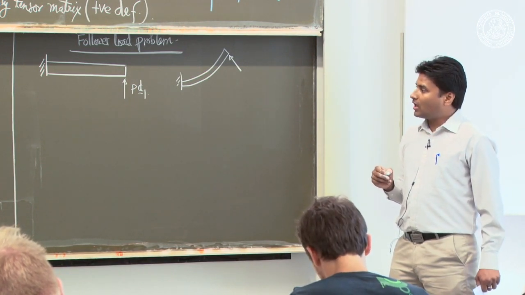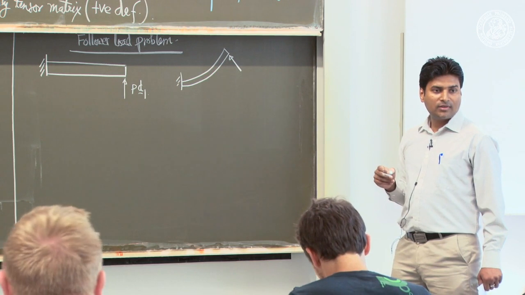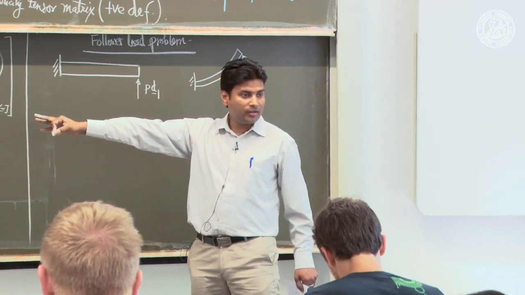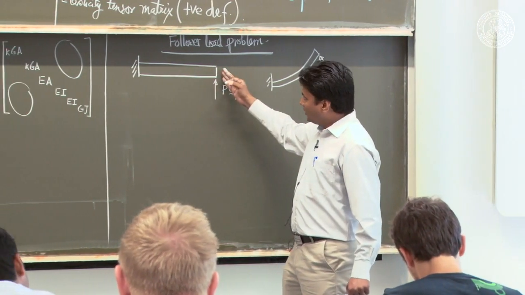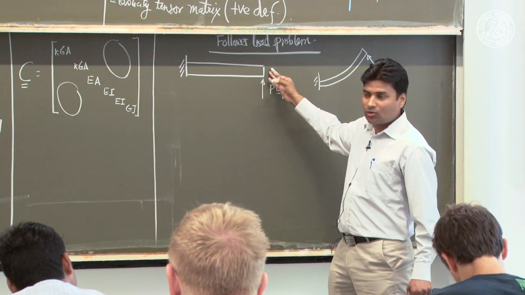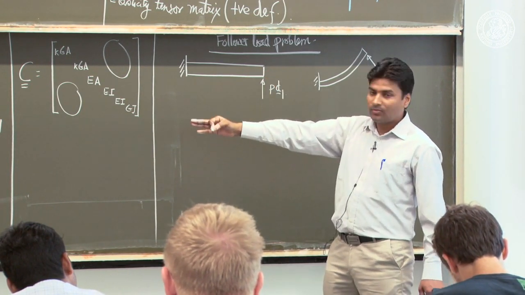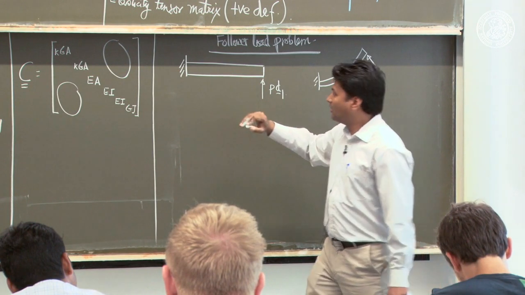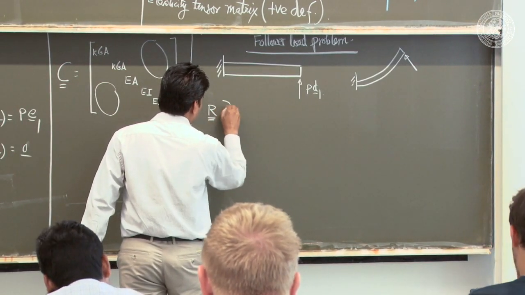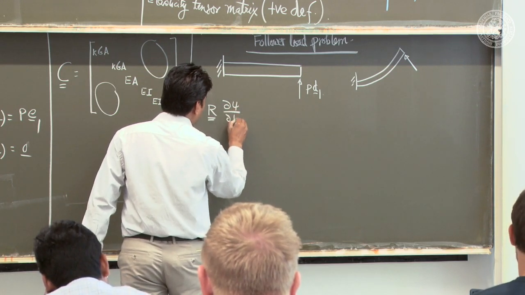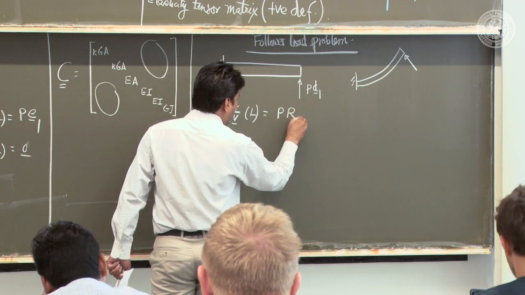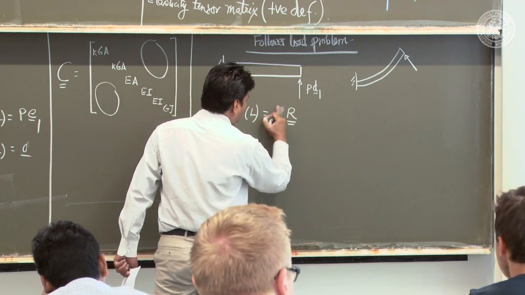Can we identify our boundary conditions? You see, the clamped boundary condition is the same as earlier. Then on the right hand side, moment is 0, so you have the same boundary condition. But for the force, you have to say big R del psi over del V at L is equal to P into RE1, or just R times PE1.